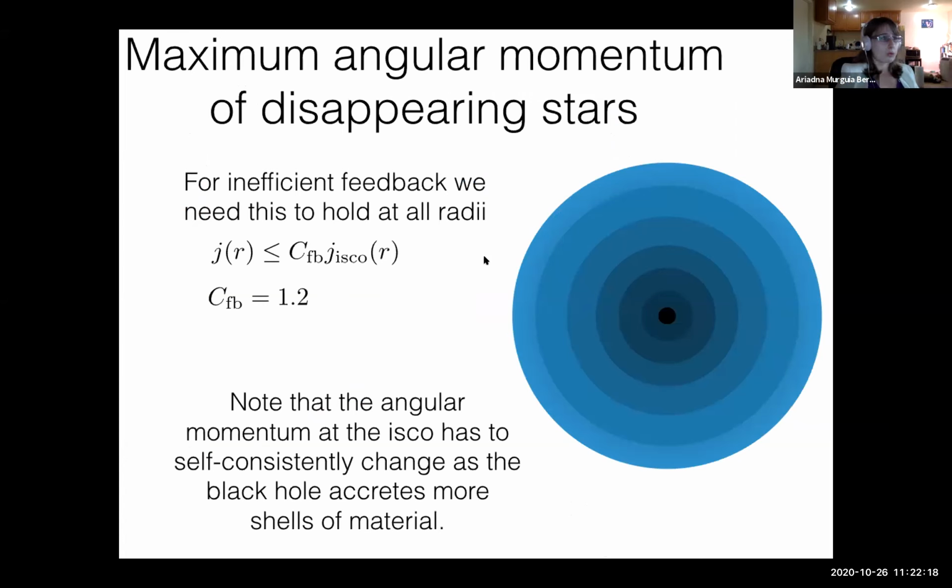So what we need is this condition right here, that the angular momentum at all radii of the star is less than the critical angular momentum, which is 1.2 times the angular momentum at the ISCO. Just notice that we're going to do everything self-consistently: as shells fall into the black hole, it will change its mass and angular momentum, and then the angular momentum at the ISCO will change accordingly.